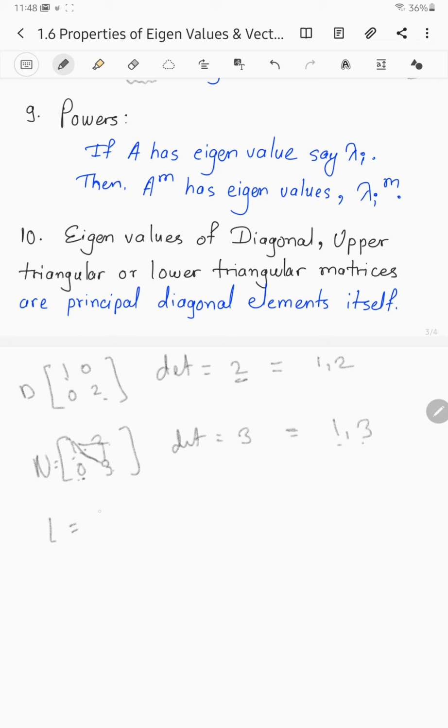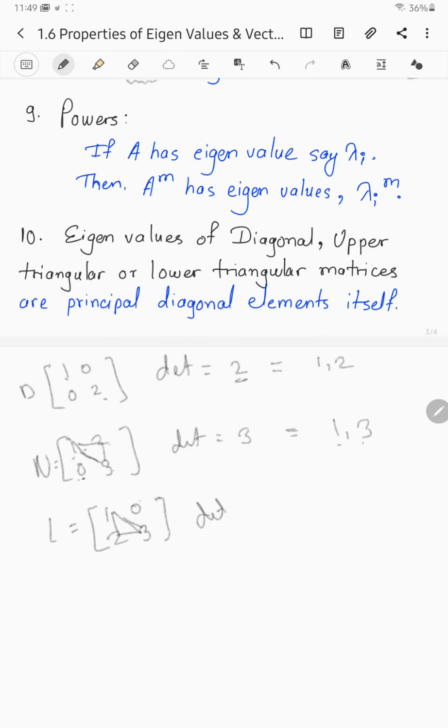For lower triangular, suppose 1, 0, 2, 3. What is a lower triangular matrix? It is a matrix having 0 entries above the diagonal.